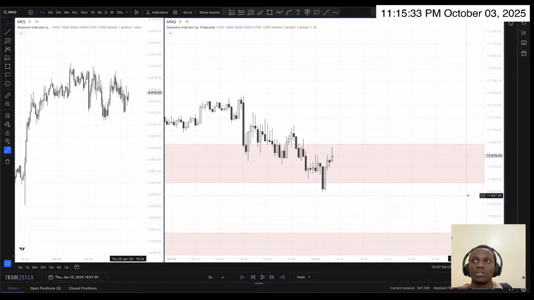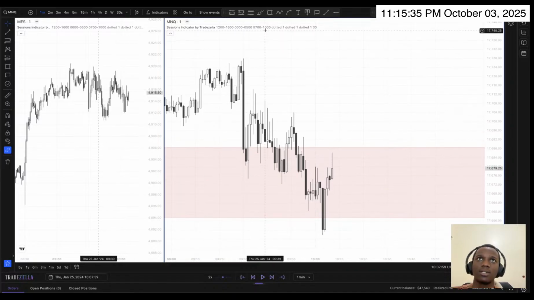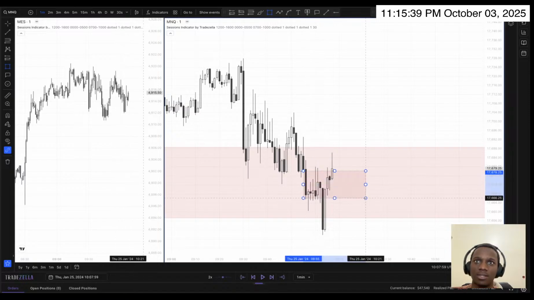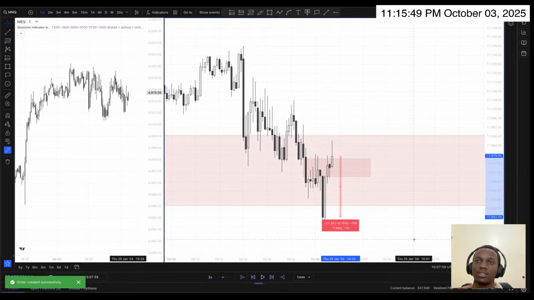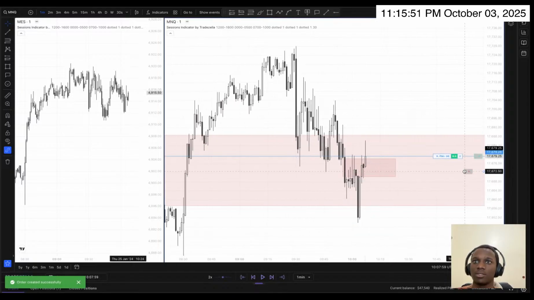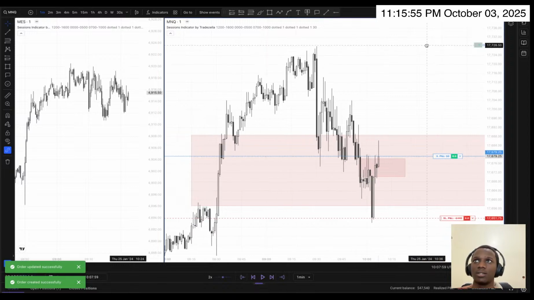Is this a closure above or am I tweaking? Okay, another SMT. Now what's this? So we closed above. I think this one will be an entry from here to here. We can buy it with our stop loss somewhere around there and take profit at the low hanging fruit.